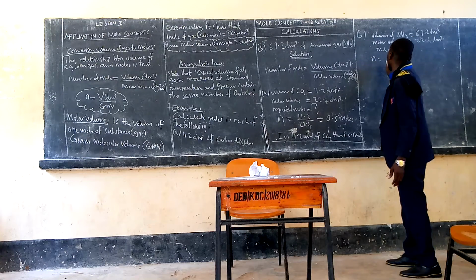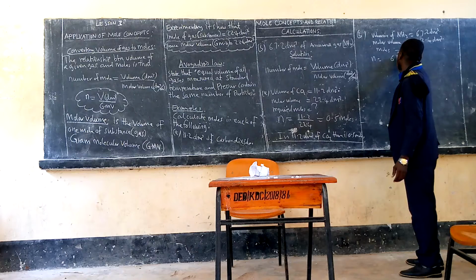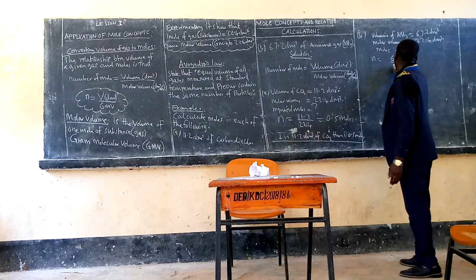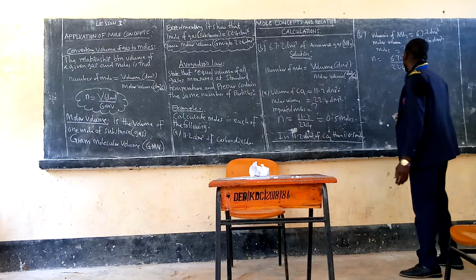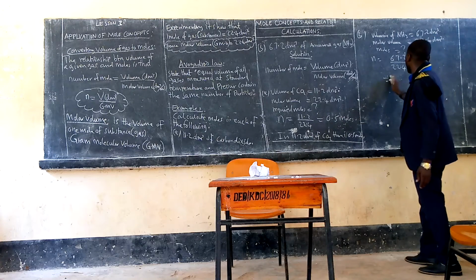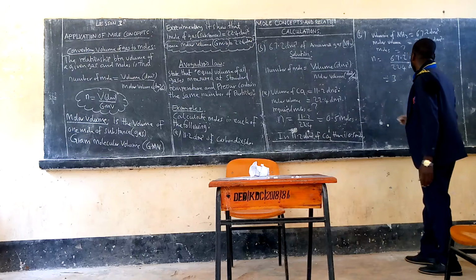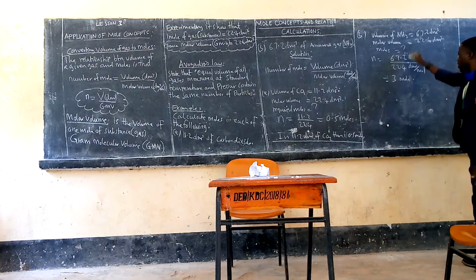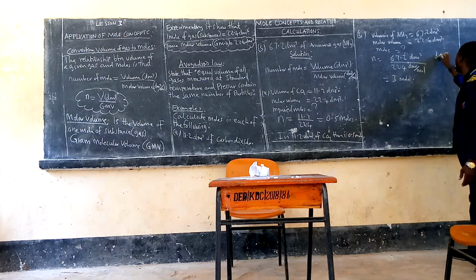And from number of moles equals to volume in decimeter cubic, that is 67.2, you will divide by 22.4, this one is decimeter cubic per mole. When you divide here, we are going to get 3. It is 3 moles.